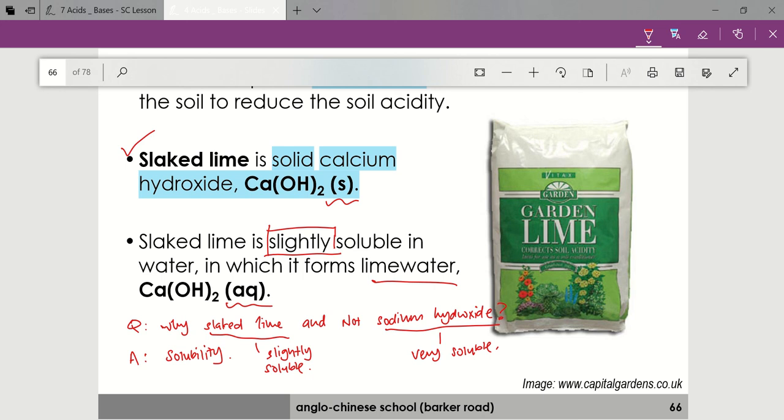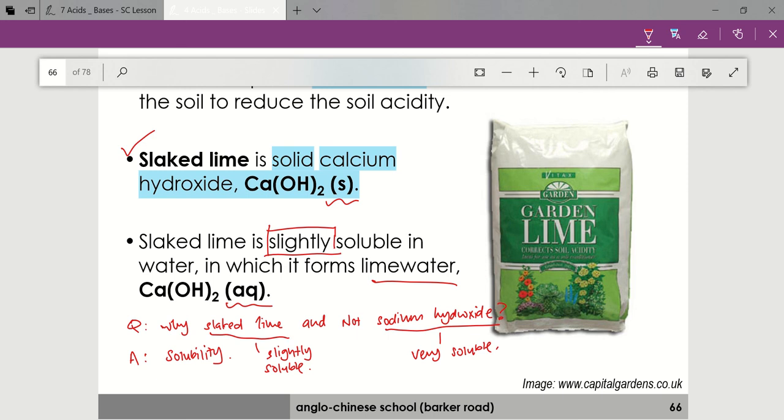So for slaked lime, just to backtrack, the thing is the farmers are not able to determine exactly how much base to add in.